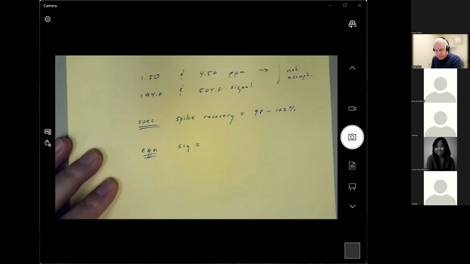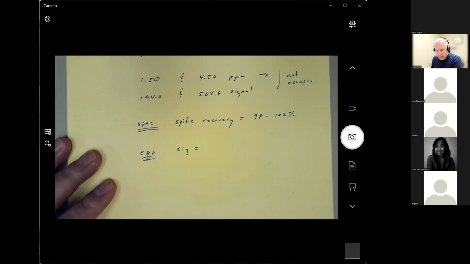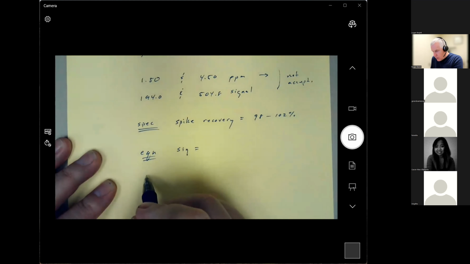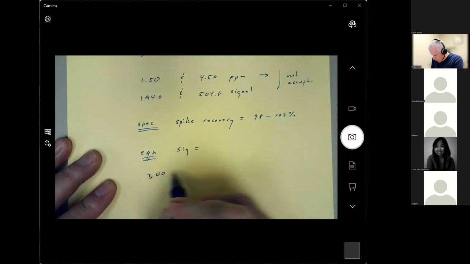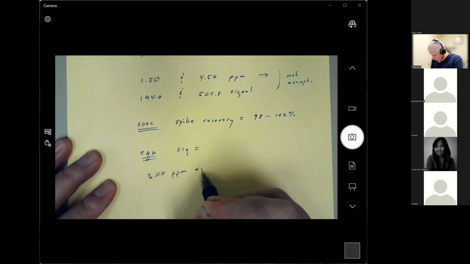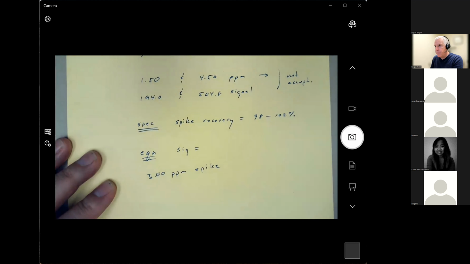And now what we can look at is this new case where we have a 3.00 ppm spike, and the signal was 354.4, right?